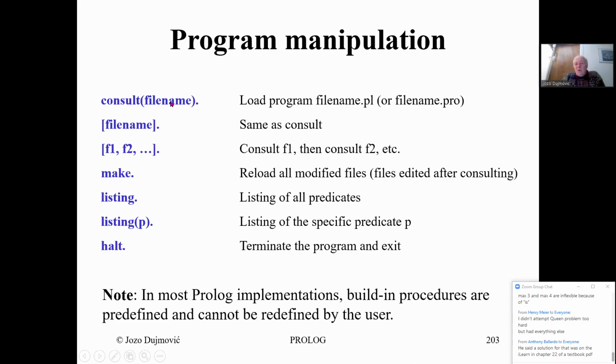So in PROLOG, to summarize everything in 5 minutes, we have the possibility to read a file name. This is going to read a file name from the working directory. It is going to compile it.